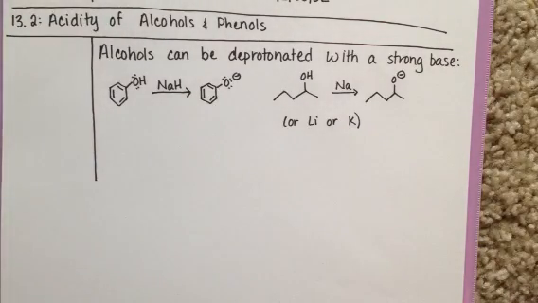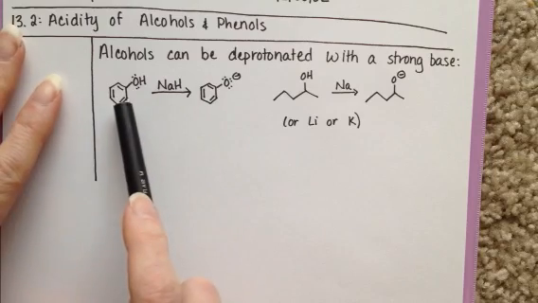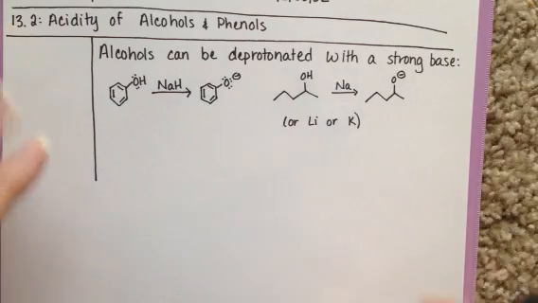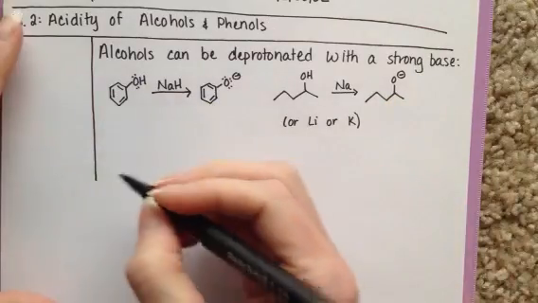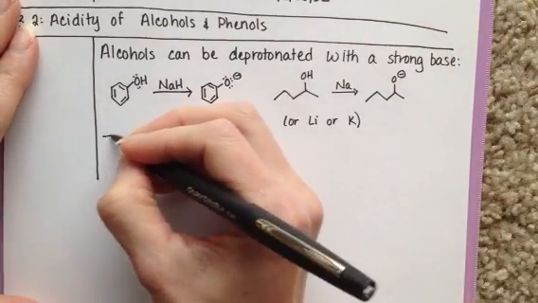The acidity of the alcohol, like how easy it is to deprotonate the alcohol, depends on the stability of the alkoxide that you form during the deprotonation process.